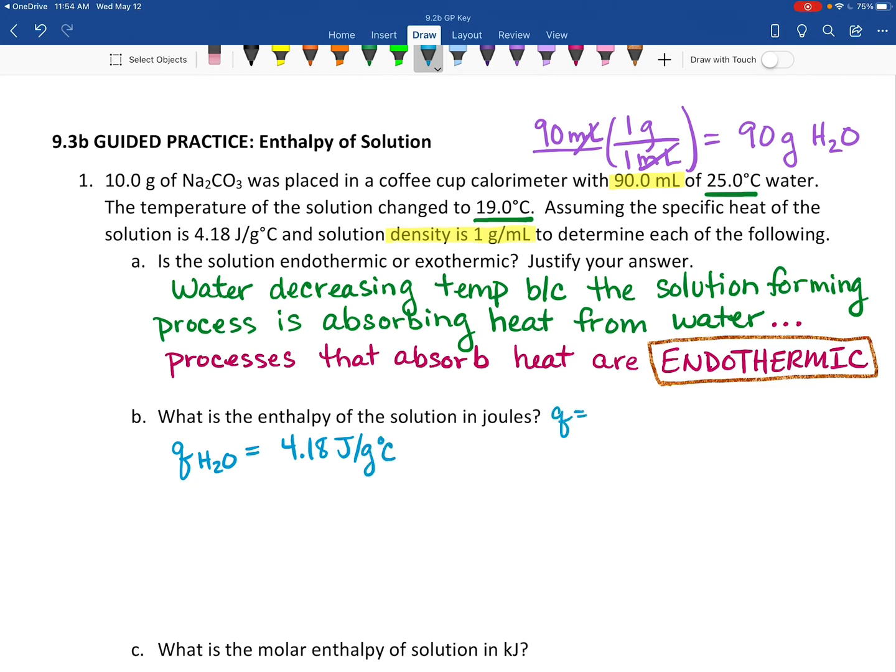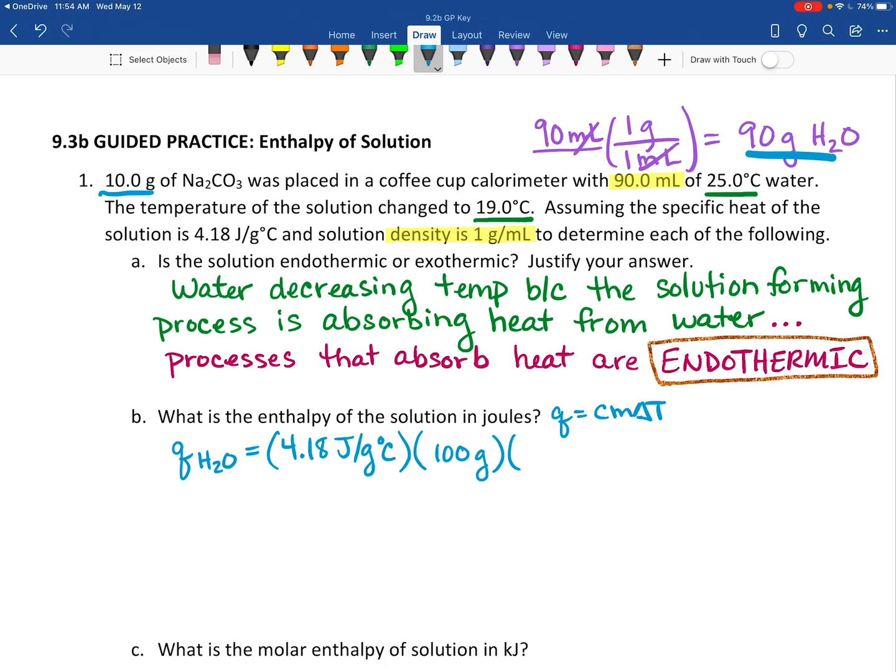So this is Q equals Cm delta T. Our mass has to be the total. So we have 90 grams of water and 10 grams, so the solution is a total of 100 grams of solution. Okay, so total mass there.